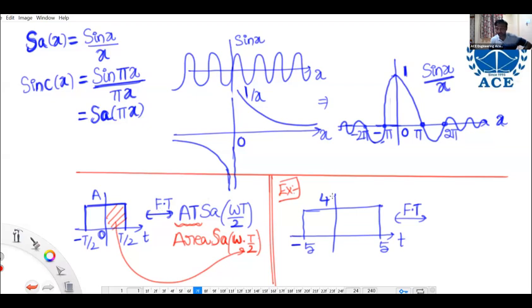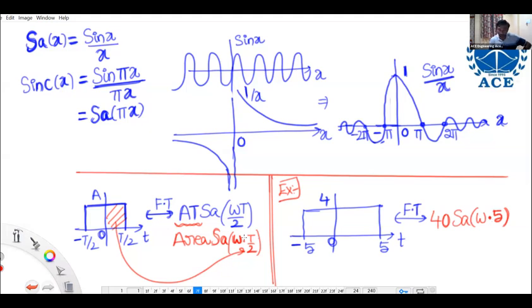What is the area? 40. Sa of omega into, what is the positive width of the rectangle? 5, or not? 40 Sa of 5 omega.